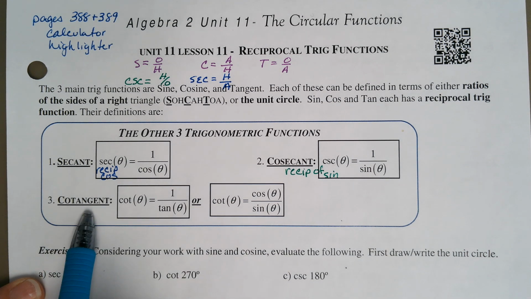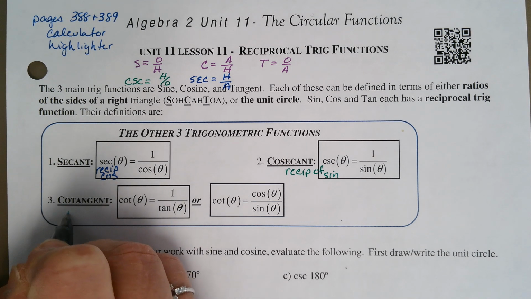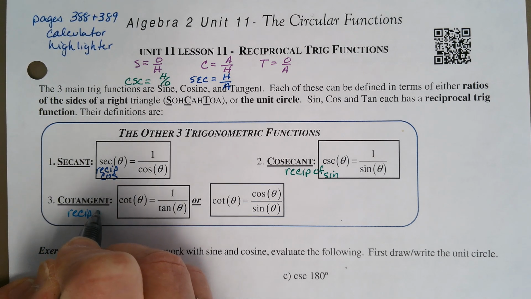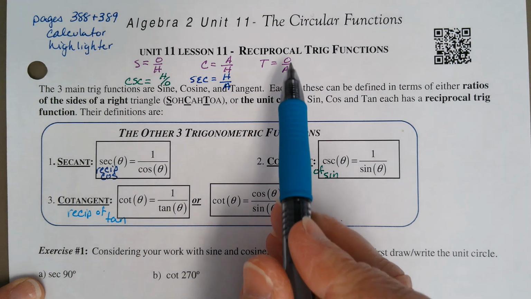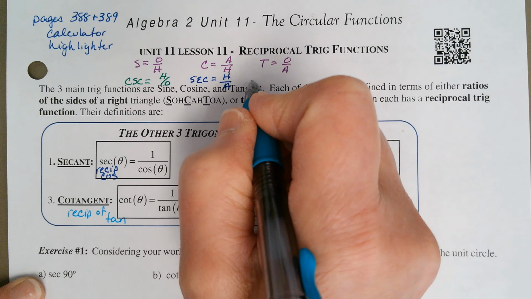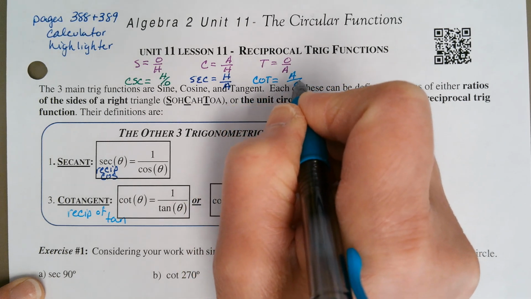And cotangent, which is abbreviated COT, is equal to the reciprocal of tangent. So if tangent is opposite over adjacent, then cotangent equals adjacent over opposite.